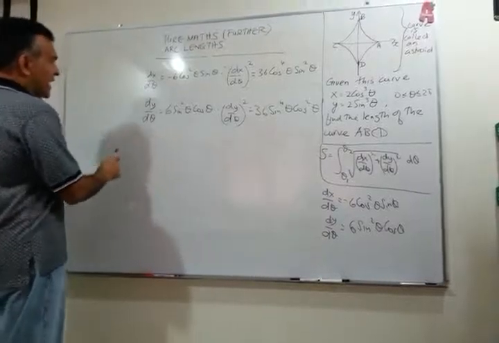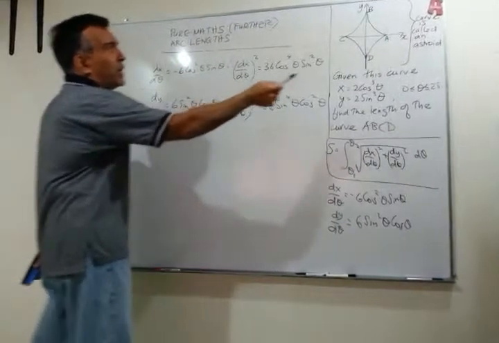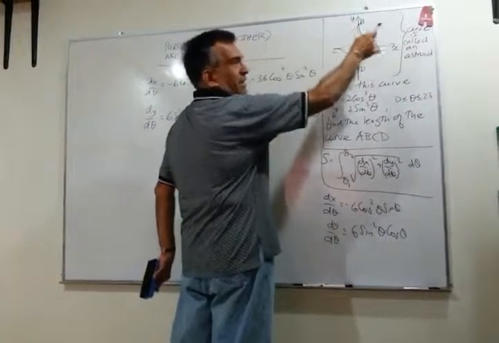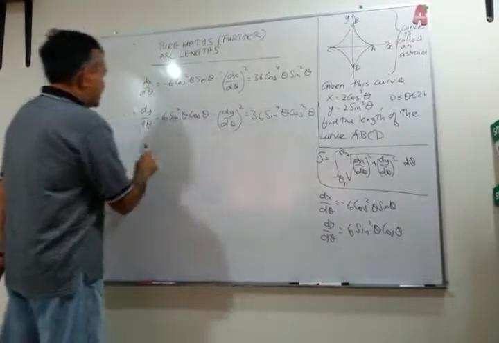Good. Now, remember we are only looking at AB, the first quadrant here. So, let's write down a few things.